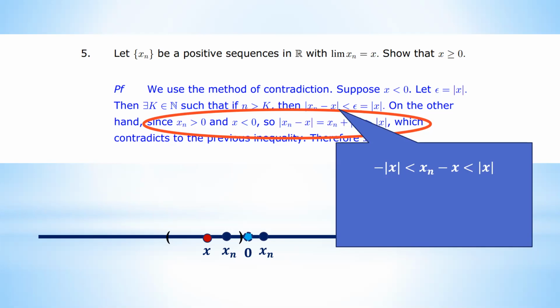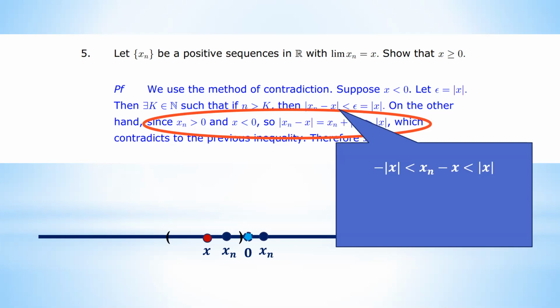So that's one thing, it's clear. But on the other side, xn minus x has to be greater than minus the absolute value of x. So after removing the absolute value sign, you are going to have this, and this is going to help us to reach a contradiction.